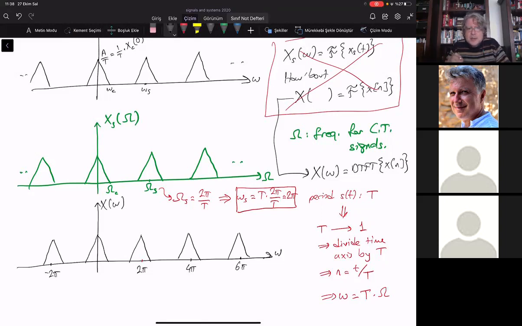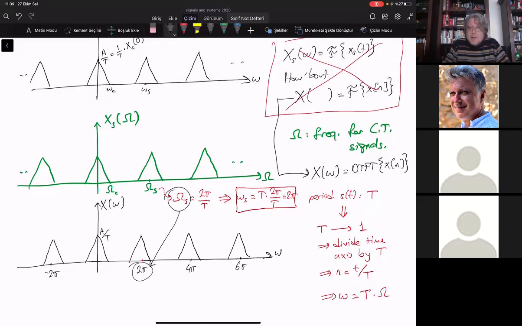I'm just converting capital omega s to 2 pi. And I'm claiming that, again, the peak value is A over capital T. This is the discrete time Fourier transform of x of n.